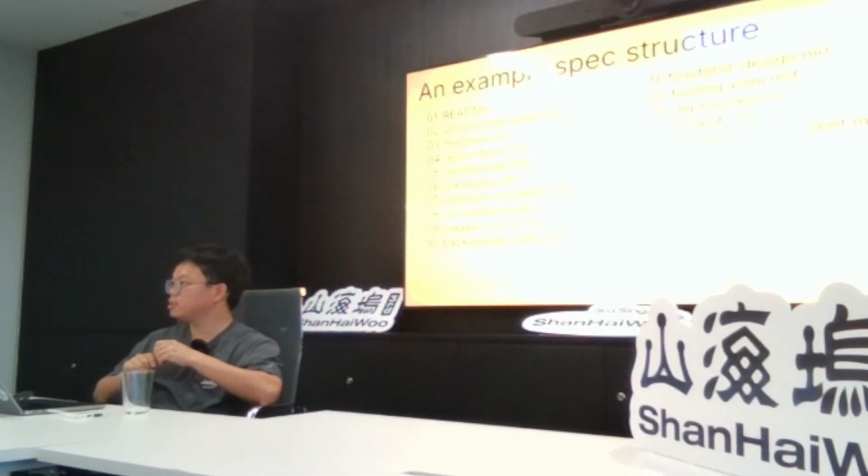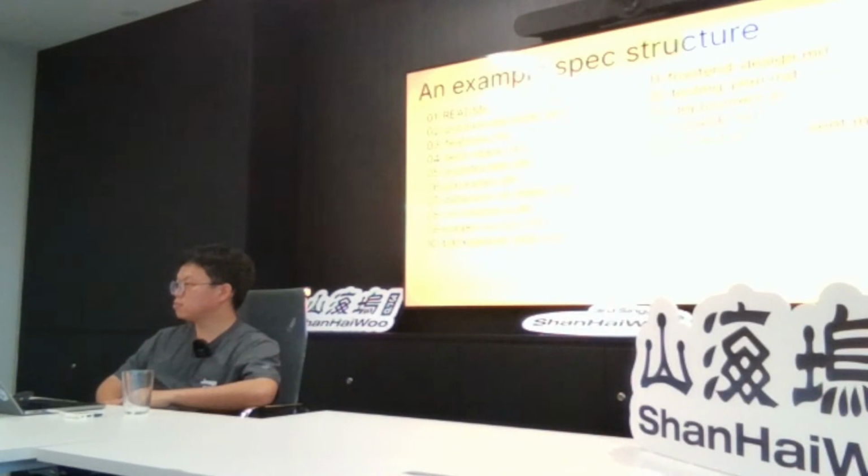Anyone have questions? Please. First, thanks for the session, but I have a question about vibe coding debugging. I think most AIs are good at producing code, but how do you go about debugging?